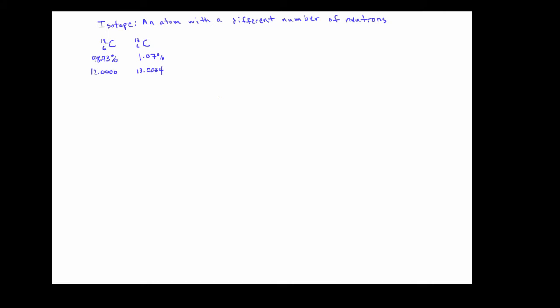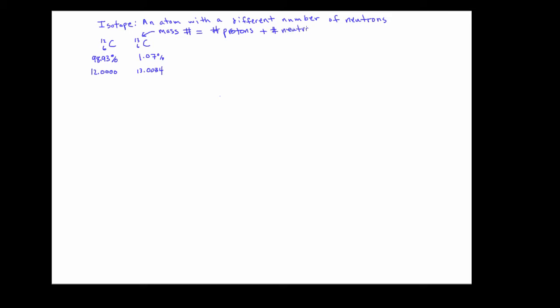One number is up and left, one number is down and left. The number in the upper left is what we call the mass number, and the mass number is literally the number of protons in this particular isotope plus the number of neutrons.